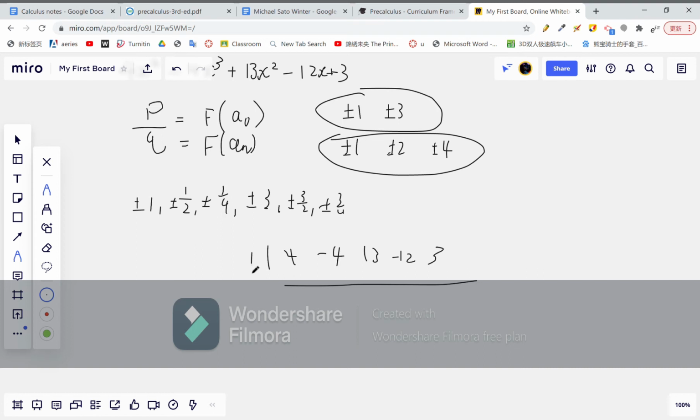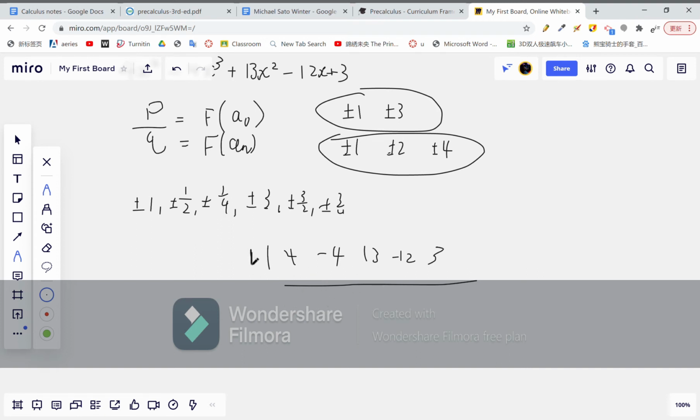First, let's try 1. We can do mental math: 4, 0, 13, 1, so 1 is not going to work. Negative 1 gives 4, negative 8, 5, so it's not going to work. Let's try 3. It gets larger and larger, so that's not going to work.